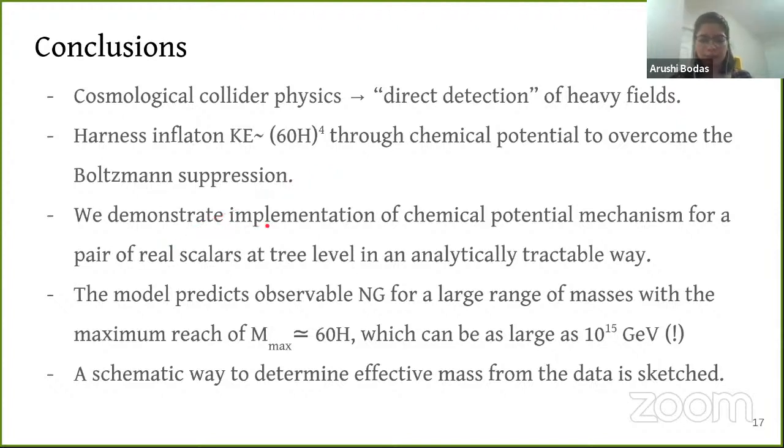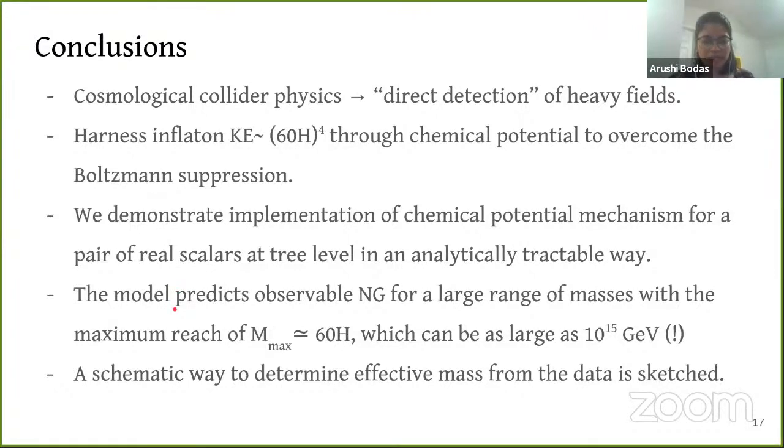So we have implemented this mechanism in a scalar field and also done it at tree level, which is important because generally when you try to do this with fermions or gauge bosons, you have to do loop calculations, which are quite difficult to keep track of analytically.